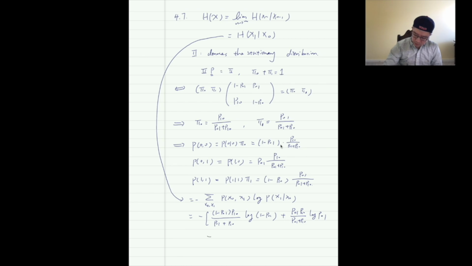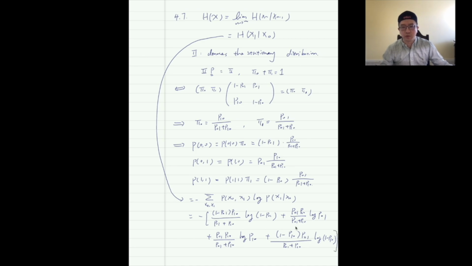And the next one, the outside is the same because they have the same joint probability, but inside is different: it's log p10. And the last term is 1 minus p10 times p01 over p01 plus p10, times log of 1 minus p10. Okay, and then we're done.